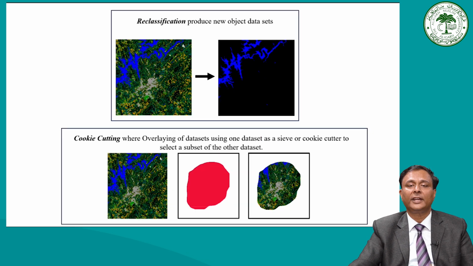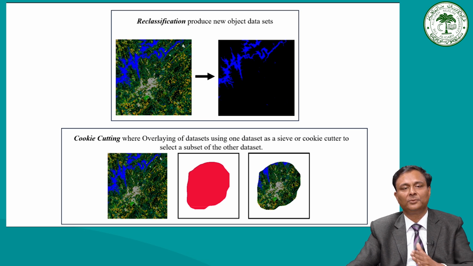Here the example of reclassification, where the modification in attribute values is made to produce new object datasets. Another example is cookie cutting, where overlaying a dataset is made using one dataset as a sieve or cookie cutter to select a subset of other datasets.